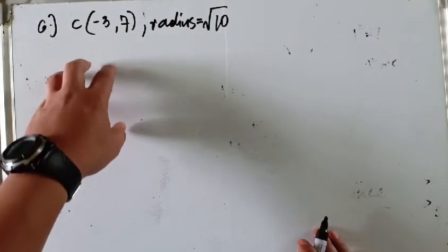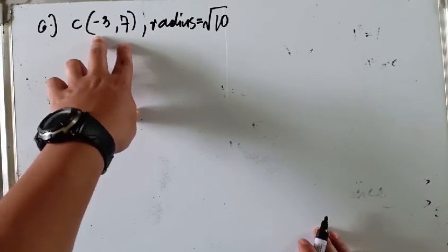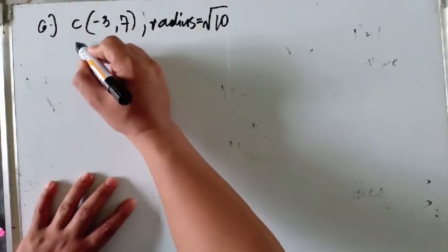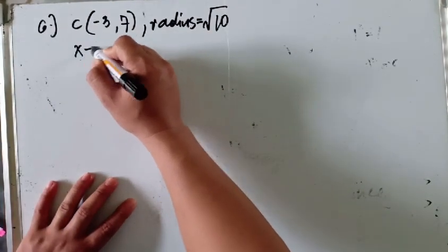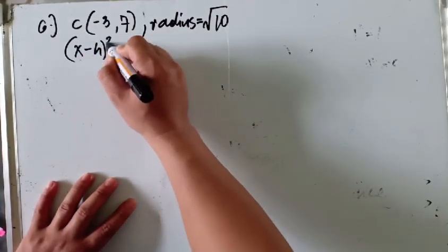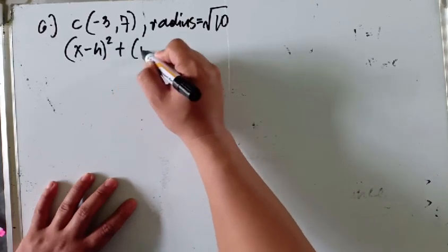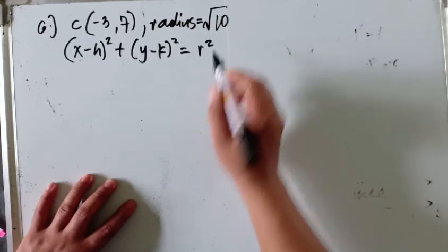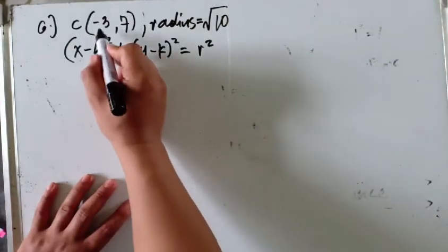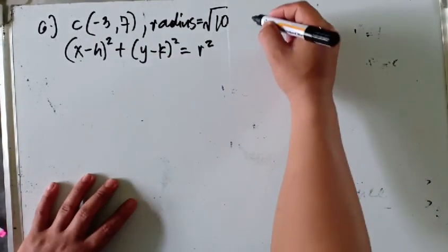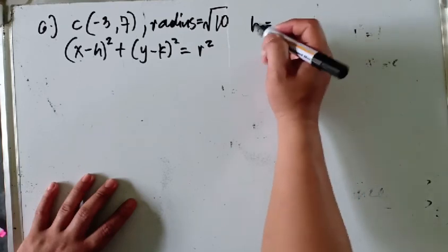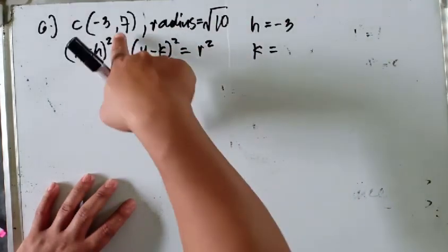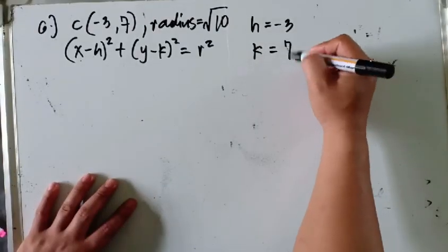It has a value of h and k, meaning we will use the standard form, the quantity of x minus h squared plus the quantity of y minus k squared is equal to r squared. We just need to input the value of h, which is equal to negative 3, and the value of k, which is equal to positive 7.